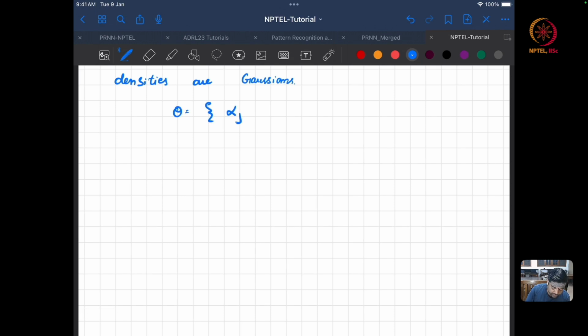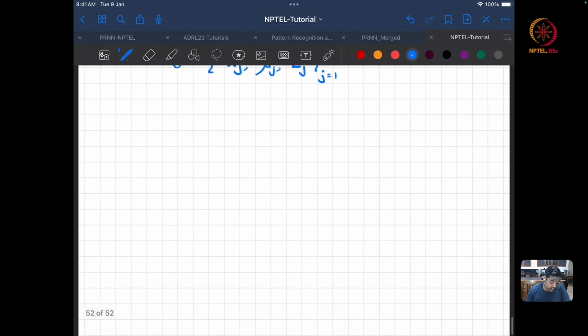We shall have alpha j, which is the probability of choosing the jth Gaussian, assuming there are m Gaussians. And mu j, which is the mean of the jth Gaussian, and sigma j, which is the covariance matrix, with j running from 1 to m.